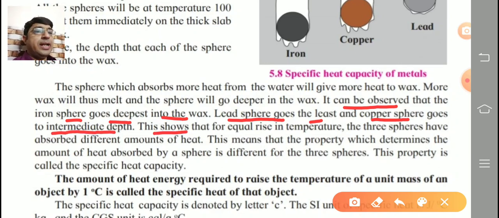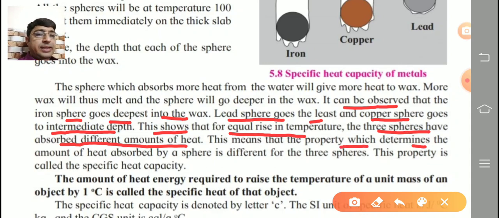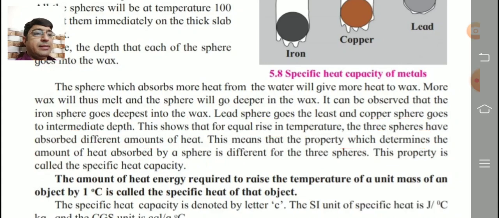This shows that for equal rise in temperature, the three spheres have absorbed different amounts of heat. This means that the property which determines the amount of heat absorbed by a sphere is different for the three spheres. This property is called specific heat capacity.